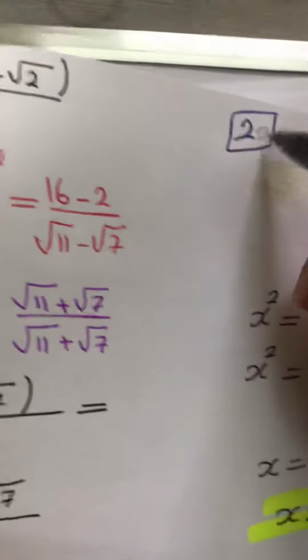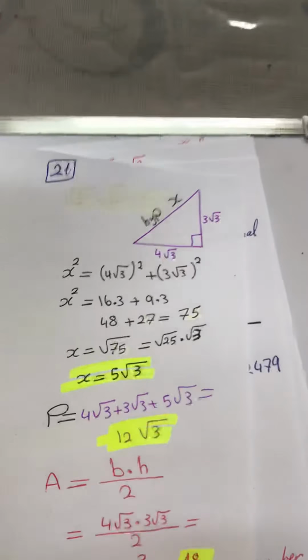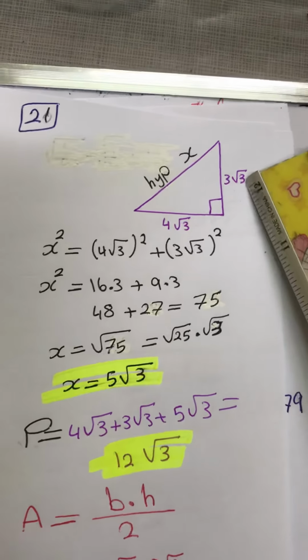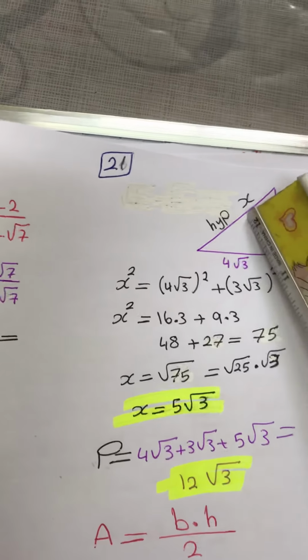In question number 21, we have a triangle. The two sides of the triangle are 4 square root of 3 and 3 square root of 3, and the hypotenuse is unknown. He asked to find the hypotenuse.